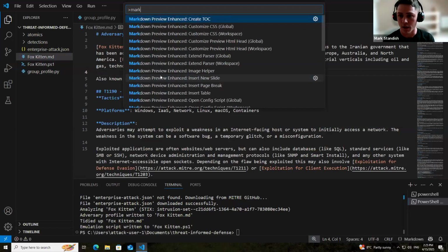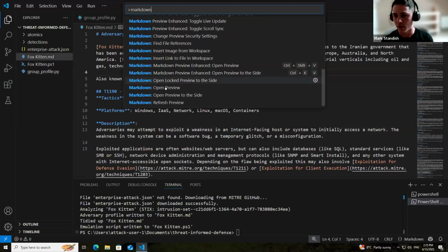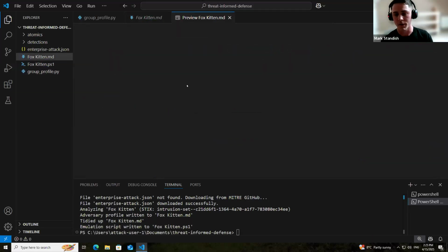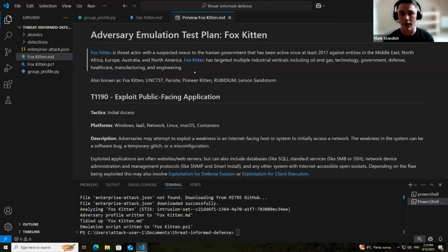Now, I think it's Pareto's law, often forgotten, but the idea that you can get 80% of your value out of 20% of your effort really speaks here. What we've done is we've programmatically generated the majority of our adversary profile, but it doesn't account for, and can't account for, things like the qualitative enrichment that we did in order to identify Fox Kitten as an initial access broker.